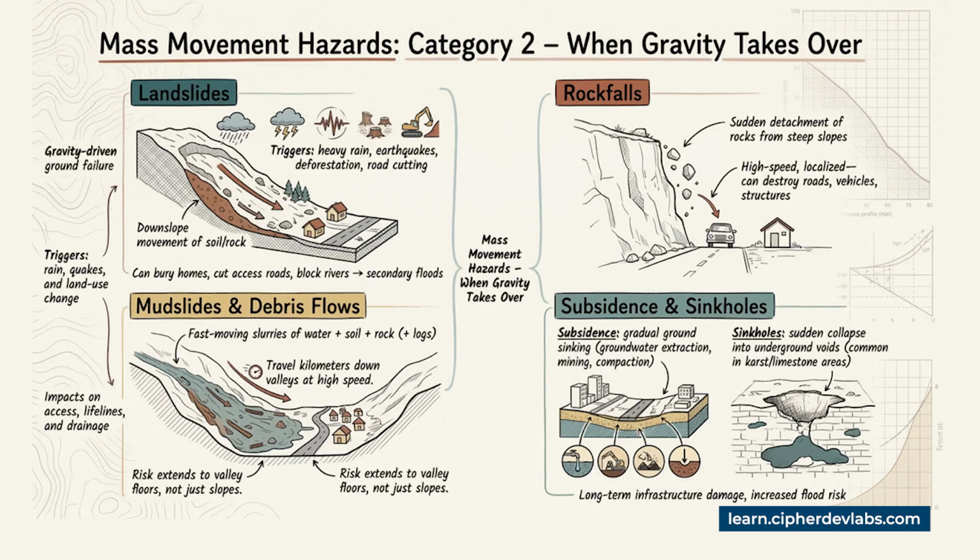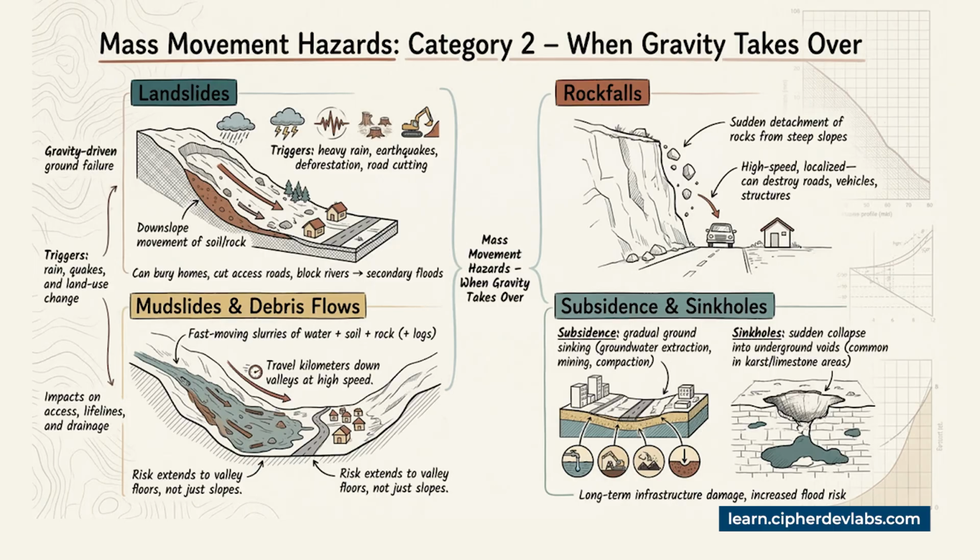In some events, the material that moves downhill is not just rock and soil, but a saturated flowing mass. That is where mudslides and debris flows come in. Mudslides are flows of fine, water-rich material. Debris flows are even more dangerous slurries of water, soil, rock, and sometimes logs moving at high speed in channels.